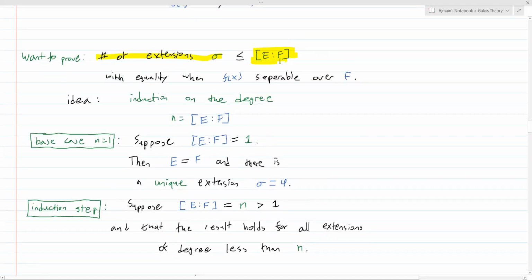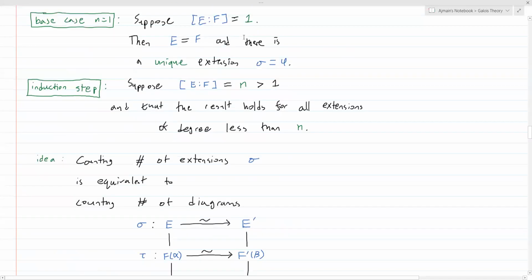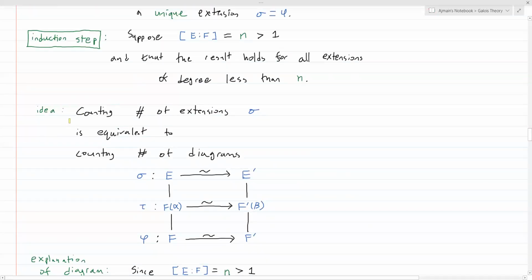So if the degree is less than n, the specific n, we're saying that the number of extensions sigma to E would be at most that number that's less than n. And if it's separable, if it's a splitting field of a separable polynomial, this number of extensions would be equal. Okay, so now this is our induction hypothesis. How do we do the proof?